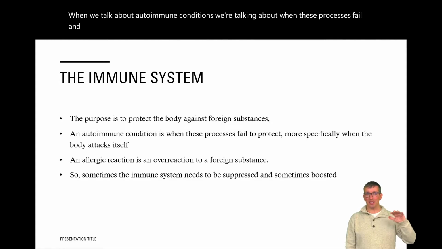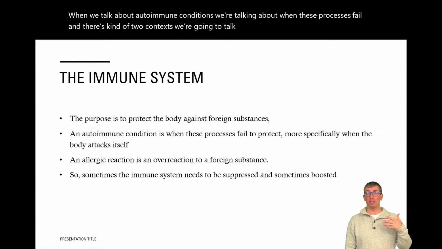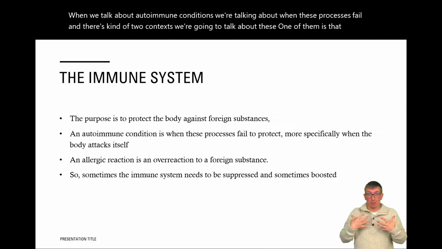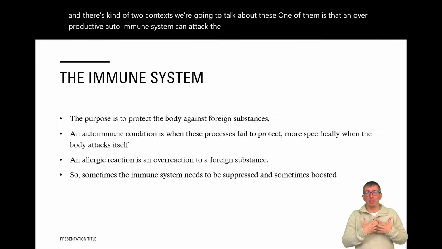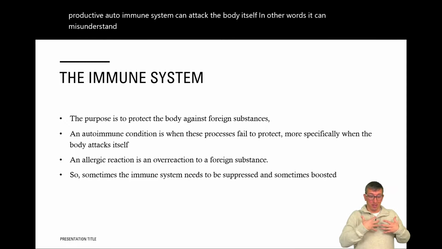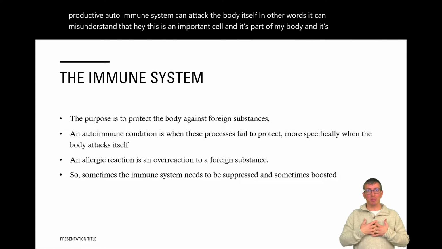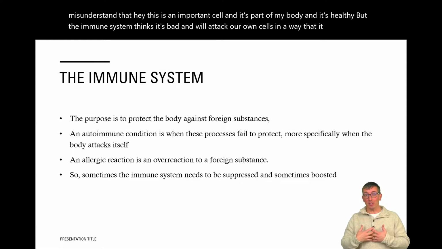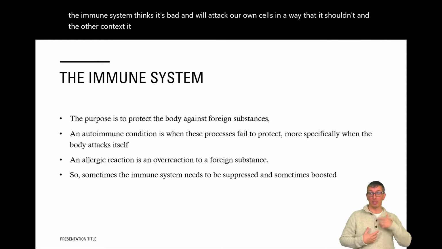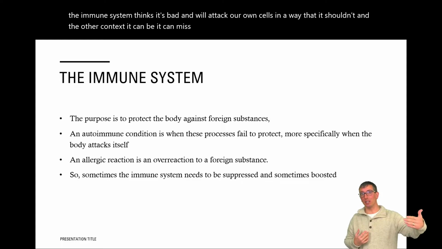And there are two contexts where we're going to talk about these. One of them is that an overproductive autoimmune system can attack the body itself. In other words, it can misunderstand that, hey, this is an important cell and it's part of my body and it's healthy, but the immune system thinks it's bad and it'll attack our own cells in a way that it shouldn't. In the other context, it can miss foreign substances, and those can come in and invade us.